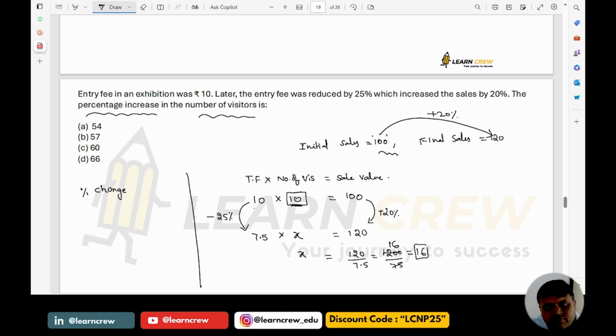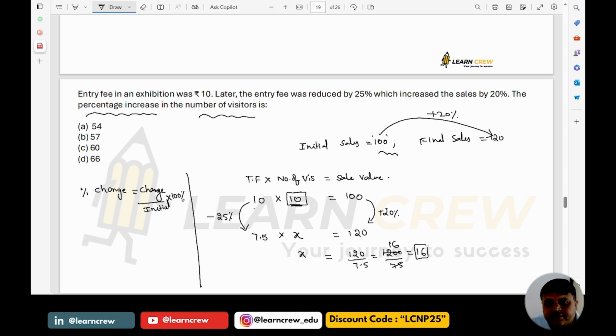It is given by the formula change by initial value into 100.